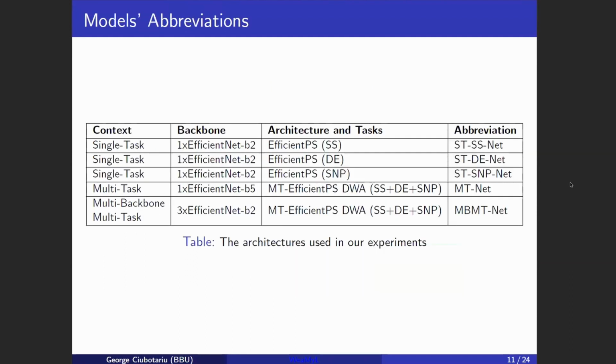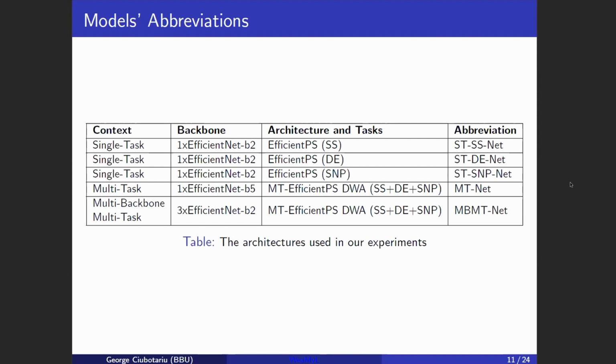Okay, so in the experiments, we're going to keep the abbreviations of the models so that we can refer to them more easily. Basically, there are 3 single task networks that perform the task of choice. They are based on EfficientNet B2s, and the multitask network has a greater EfficientNet B5.